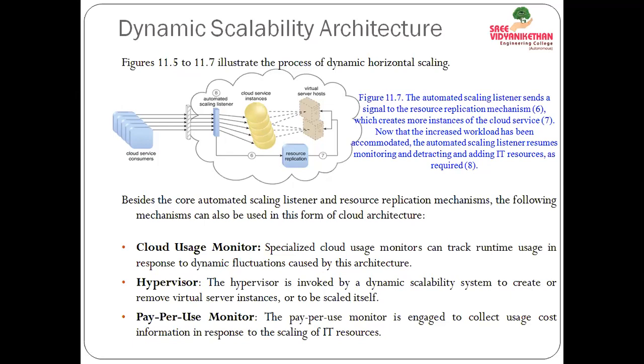That means it works on the virtualization of server hosts. Previously there was only one server host catering three cloud service instances, isn't it? Now, because of the information received from the automated scaling listener, this resource replication can go and increase the number of resources.